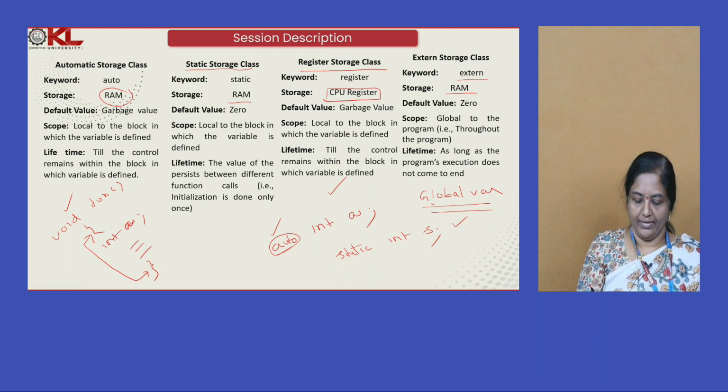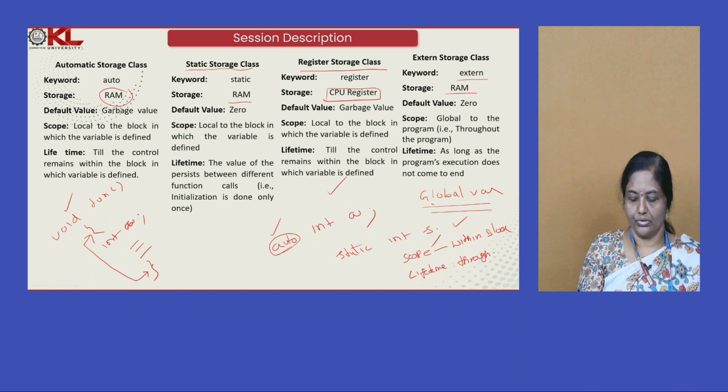The scope and visibility is within the block only, but the lifetime is throughout the program. How is it possible? It will retain the values.